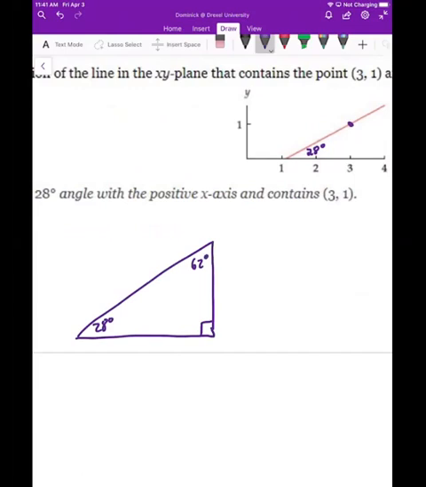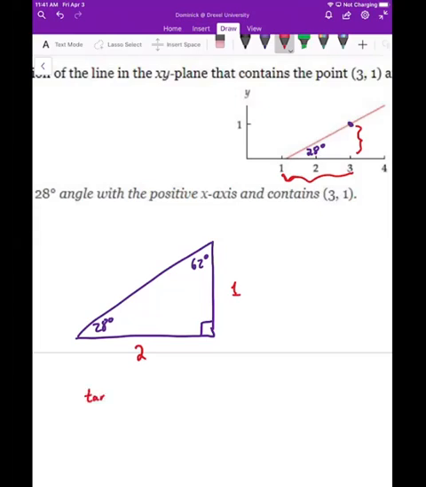Now, the problem is that this isn't one of our more known triangles, but we already have these lengths here, right? We have that this length is from 1 to 3, so that's a length of 2, and that this length here is from 0 to 1 in terms of y, so this is 1, right?